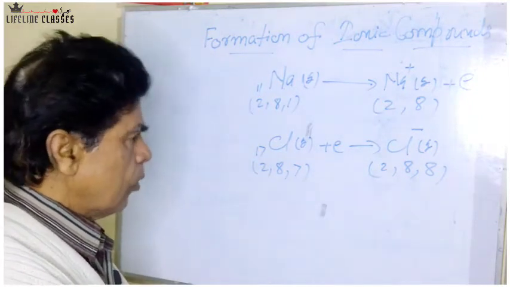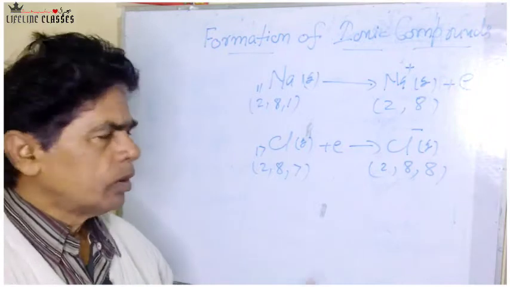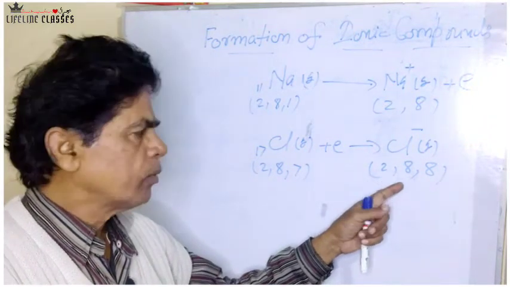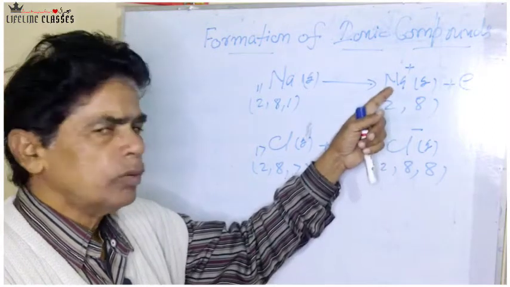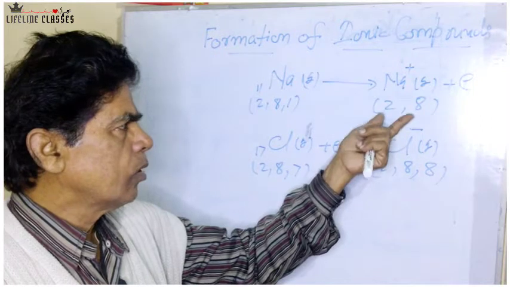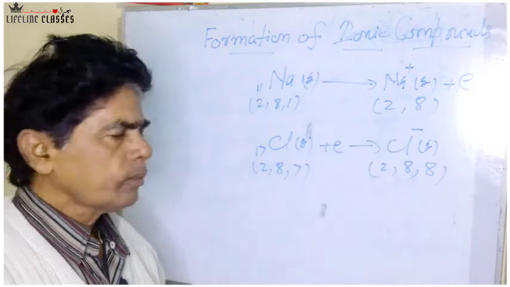So the chlorine atom receives the nearest inert gas configuration of argon, and the sodium atom gets the nearest inert gas configuration of neon.